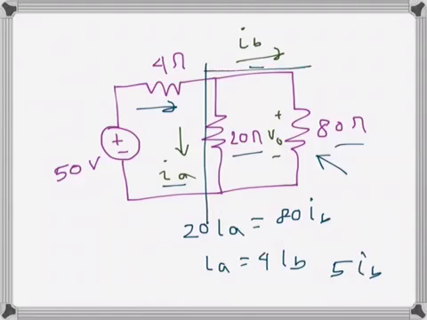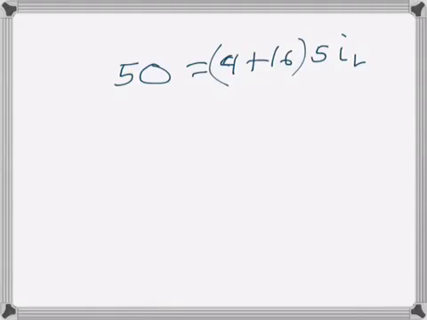This total resistance is 16 ohms, and so the resistance the voltage source sees is 4 plus 16, times the current, which is 5IB.